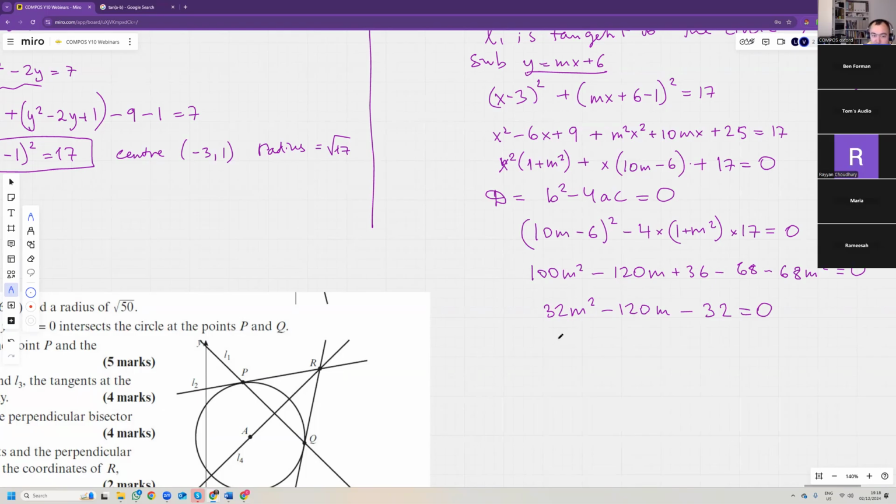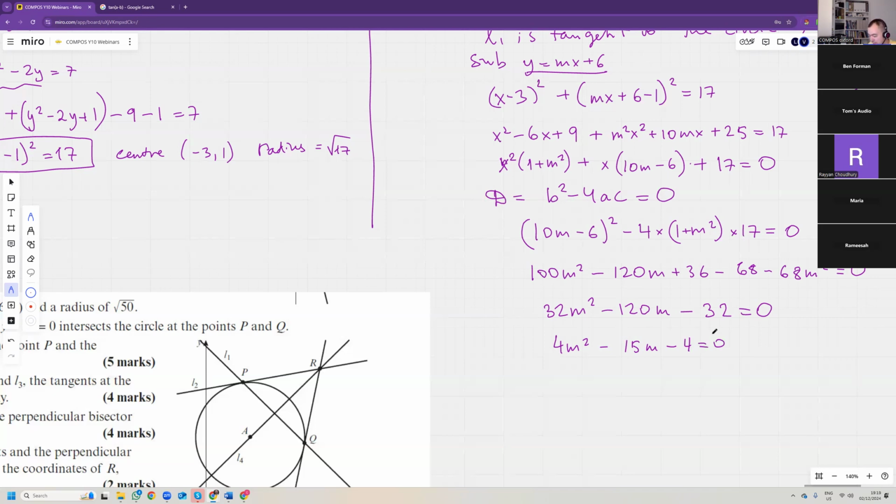Can we actually divide it by something? By 8? So it's 4m squared minus 15m minus 4 equals 0.